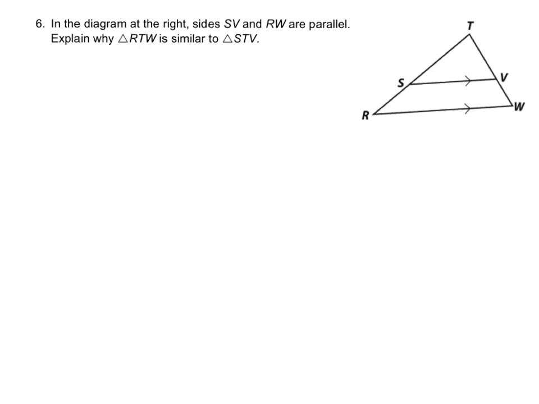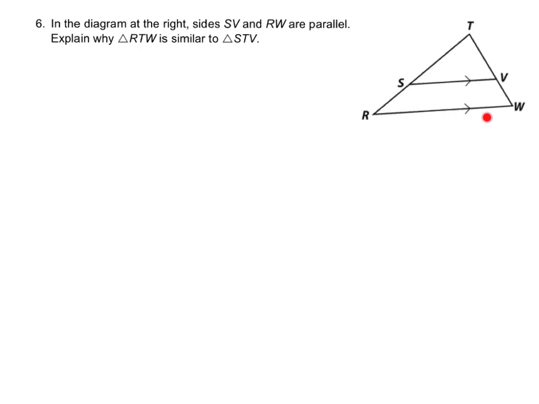Question 6 has also one triangle overlapping another one. But in this question, it just wants me to find out when I have side SV and side RW and they're parallel. So that's what these symbols mean. Two little arrows are signaling that these lines are parallel to each other.